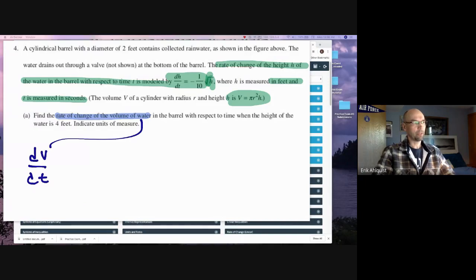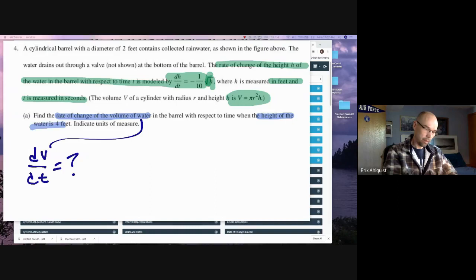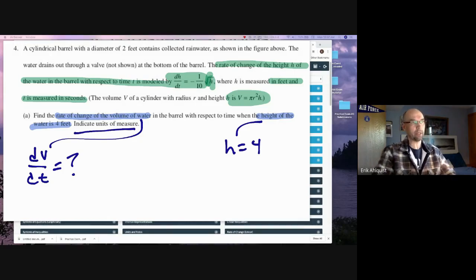The d in front of the V is the derivative of V, and the d in front of the t is with respect to time. So that whole idea is the rate of change of the volume of the water. That's what we're supposed to figure out, and we're supposed to do that when the height of the water is 4 feet. So H is equal to 4. And they say in our answer, we better indicate units of measure.